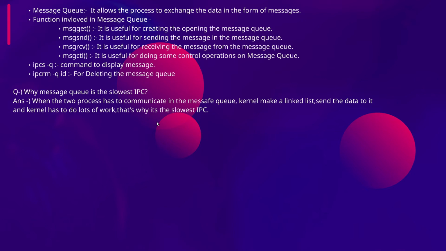Today I will write an example where I create the message queues. We can write a msgsnd and msgrcv program to communicate between processes. The command to display the message queues is ipcs -q, and for deleting a message queue the command is ipcrm -q id.